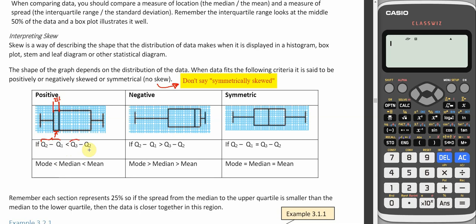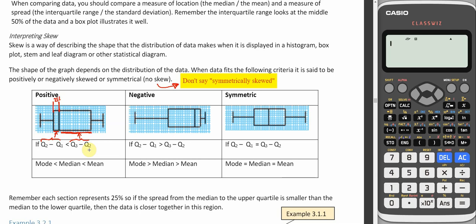If that is smaller than the distance between the median and the upper quartile, then we call that positive skew. You will just need to remember, if a graph looks like things are pushed towards the left hand side, so more data is on the left hand side of the box, then that represents positive skew, and the opposite to that, if everything's pushed towards the right, that's negative skew.